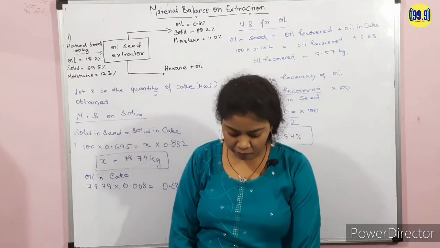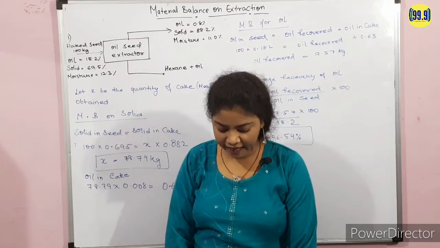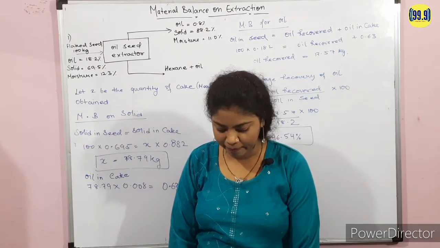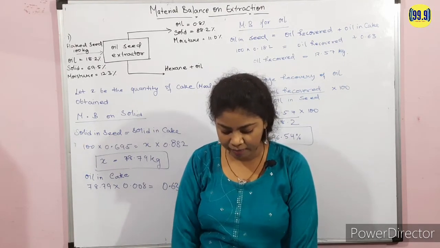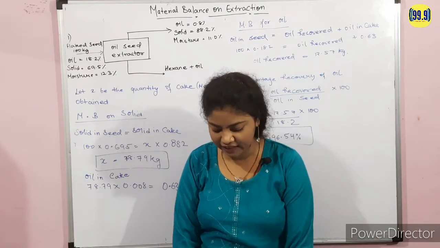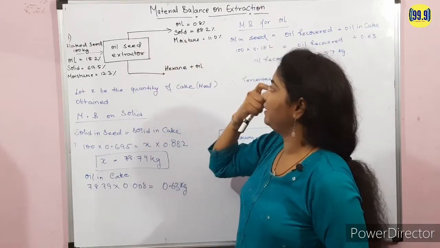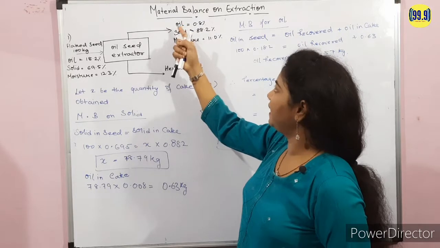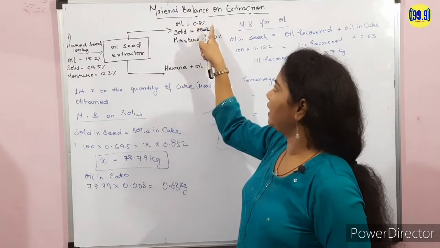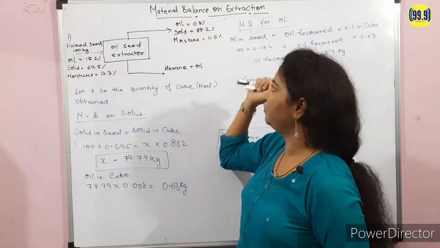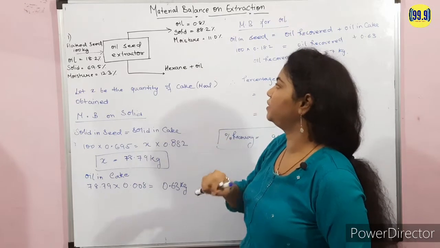At the end of the process, the cake is separated from the hexane oil mixture. The cake is analyzed, and its composition is oil 0.8%, solid 88.2%, moisture 11.0%.